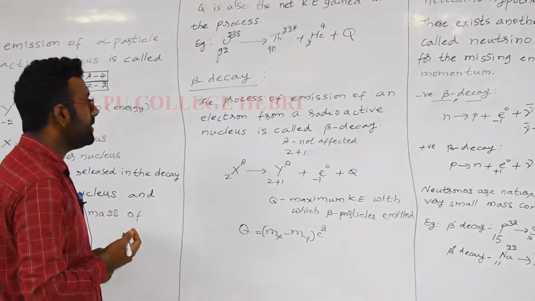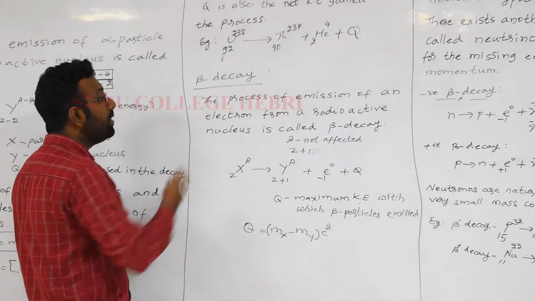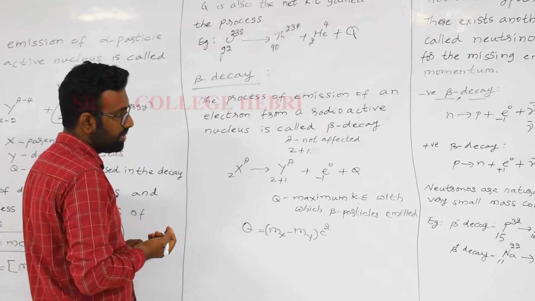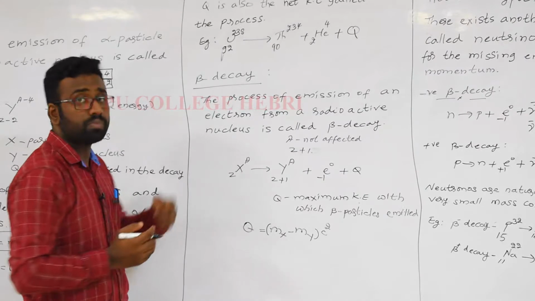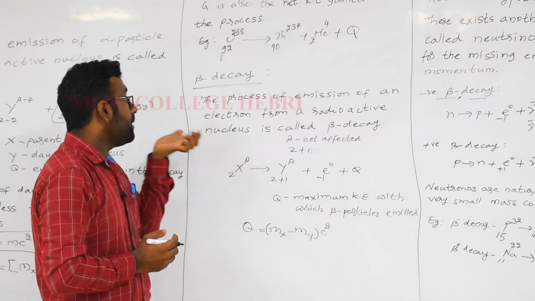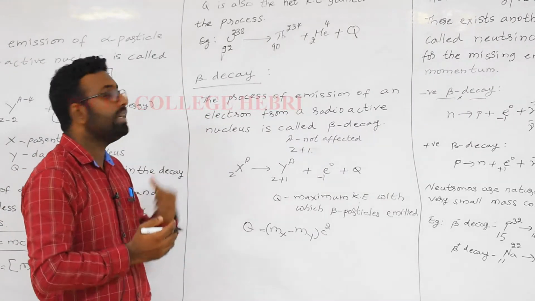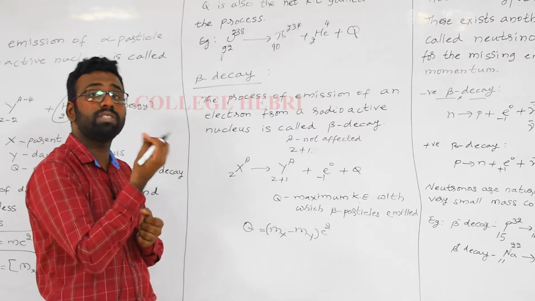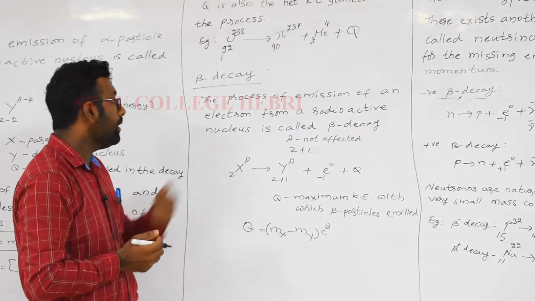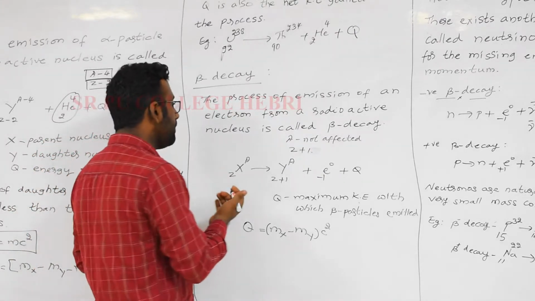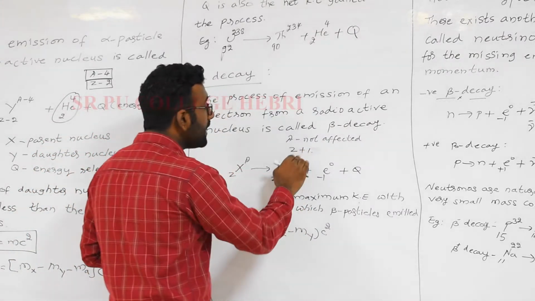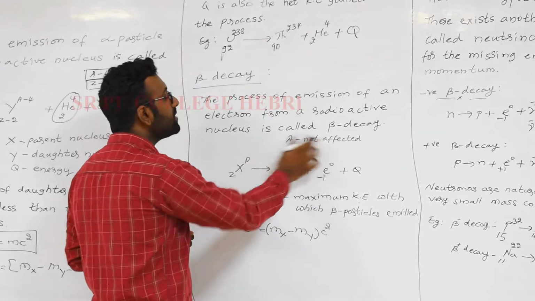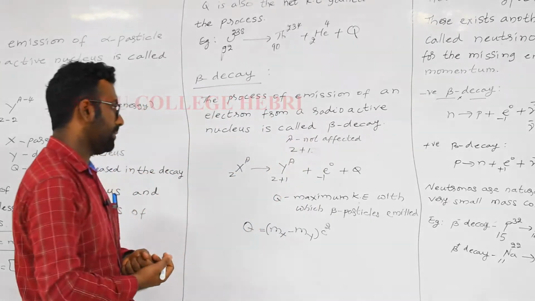Beta decay is a process of emission of an electron from a radioactive nucleus. Beta particles are considered to be particles similar to an electron. Then what happens to the atomic number? The atomic number gets increased by 1 and the mass number is not affected.